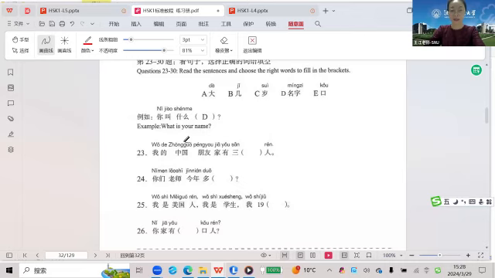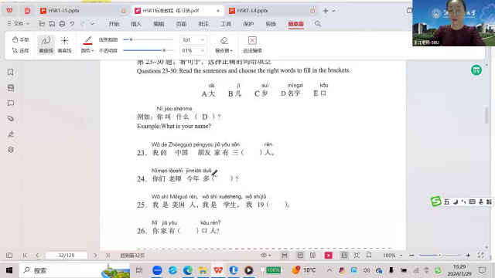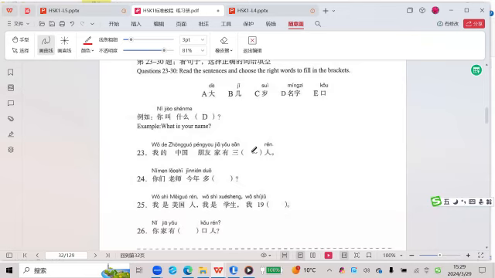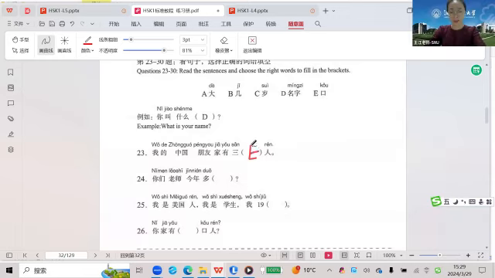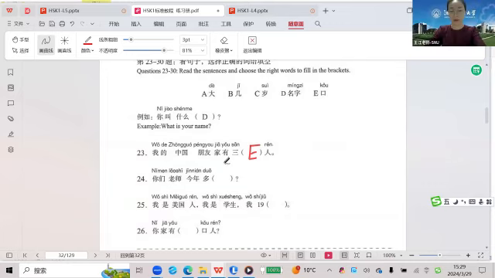Samara Javid. 我的中国朋友家有三口人。 E, right? 三口人. There are 3 people in my Chinese friend's family.